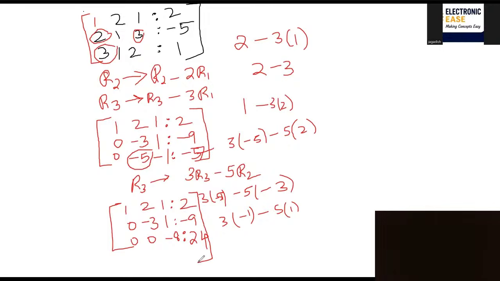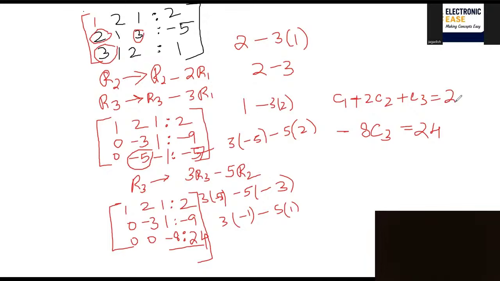So now what will you be doing? You will be equating this, students. So you will be equating minus 8C3 is equal to 24. Write down the equations. So what is the first equation, students? The first equation is C1 plus 2C2 plus C3 is equal to 2.